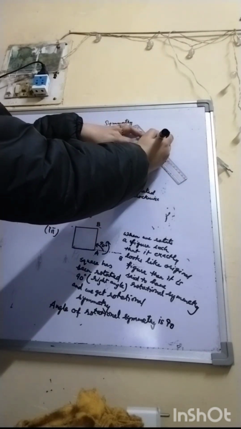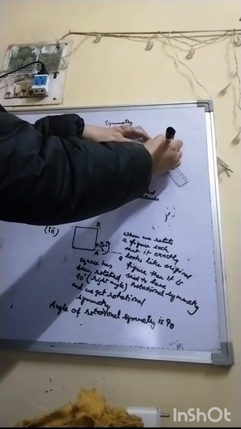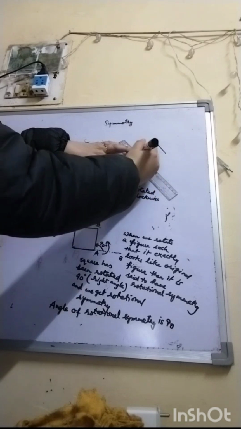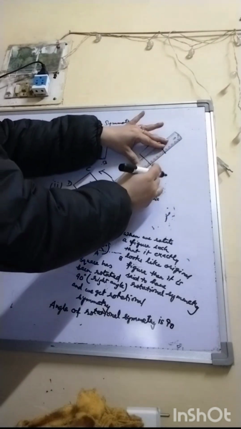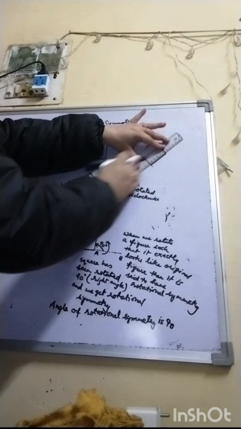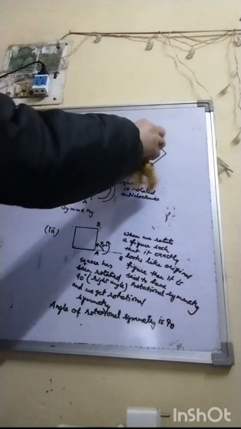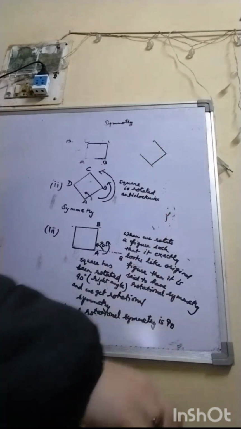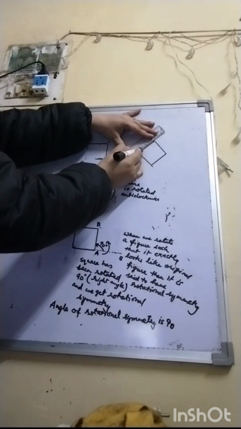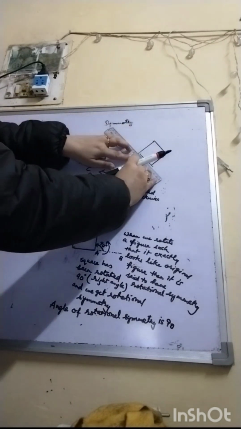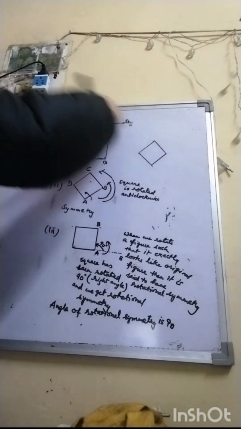Now I am rotating it not 90 degrees but less than 90 degrees. So again I rotate AB.